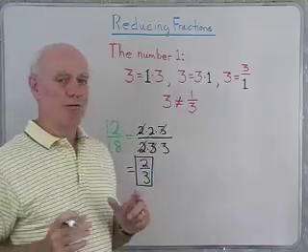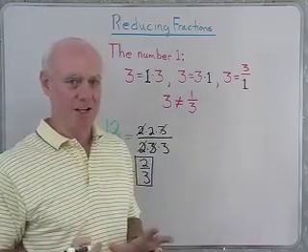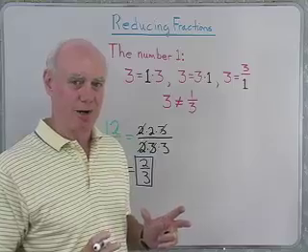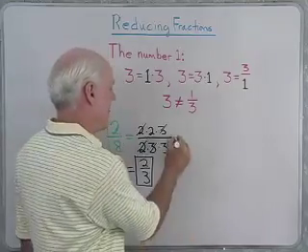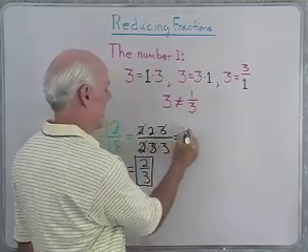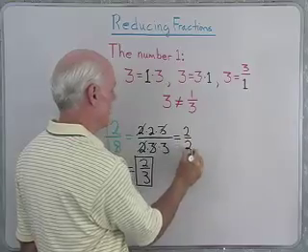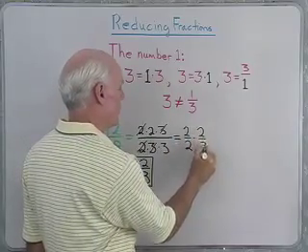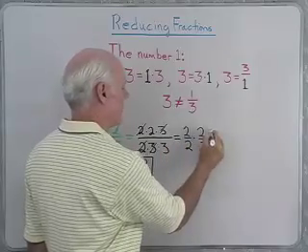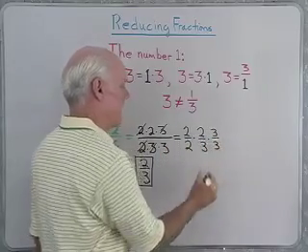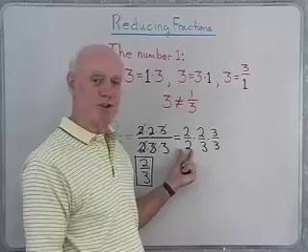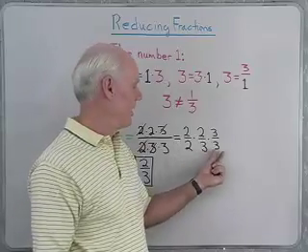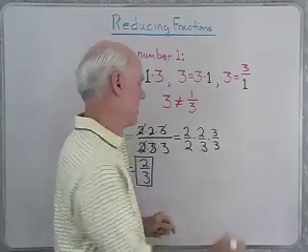But let's just take a look for a second at what's behind this, dividing the numerator and denominator by the common factors they have. I can rewrite this fraction as 2 over 2, that's this part right here, times 2 over 3 times 3 over 3. And now I see that 2 over 2, well, that's the same as the number 1, and 3 over 3 is the same as the number 1.